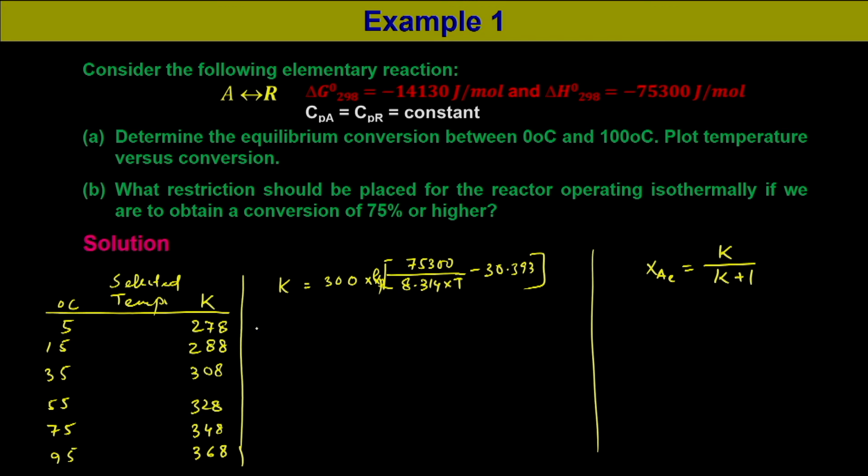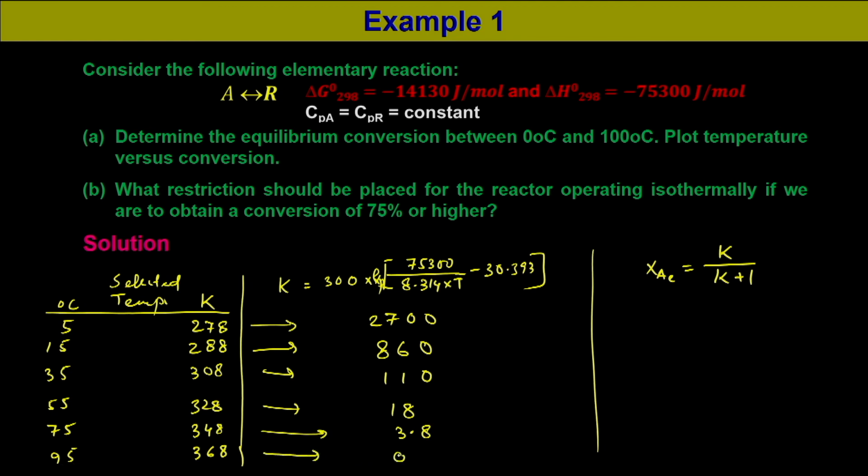So, we can obtain, so this is about 2700, and this is about 860, then this is about 110, this is about 18.4 or 18, and this is about 3.8, and this is about 0.92.